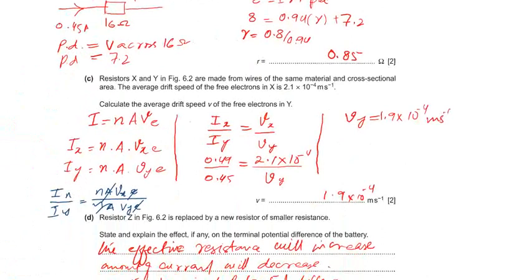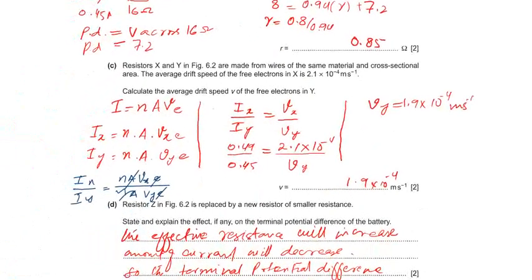We need the drift speed of electrons in Y. So we know I equals nAvE, where n is the number density, A the cross-section area, v the drift speed, and e the charge of an electron. It is the same formula for X and Y, so Ix equals nAvxe and Iy equals nAvye.